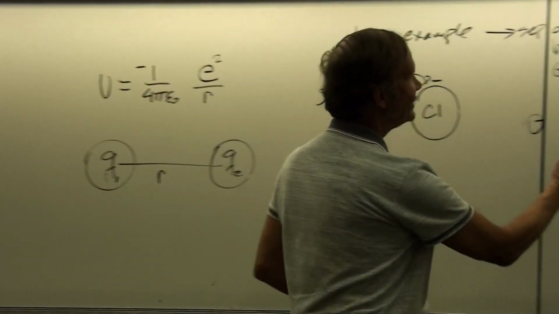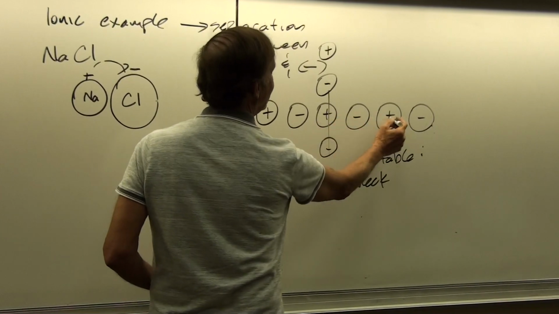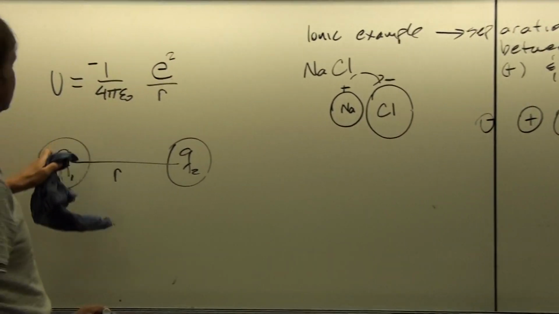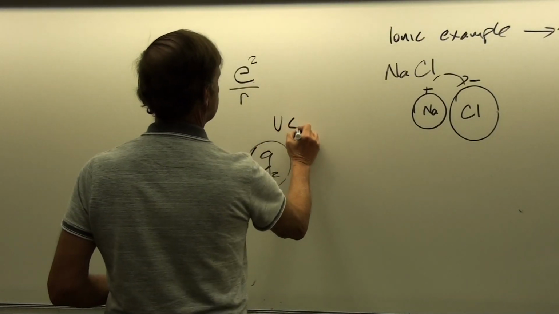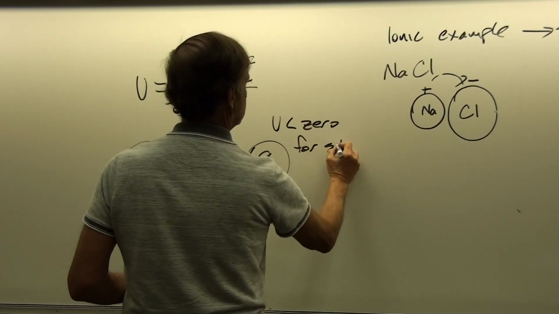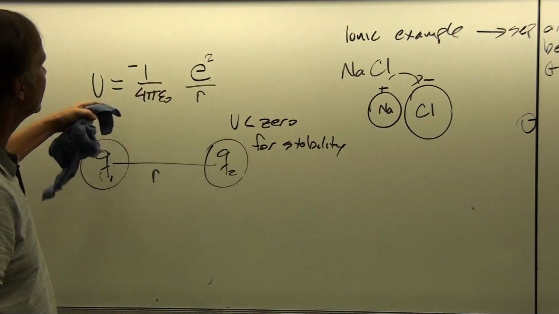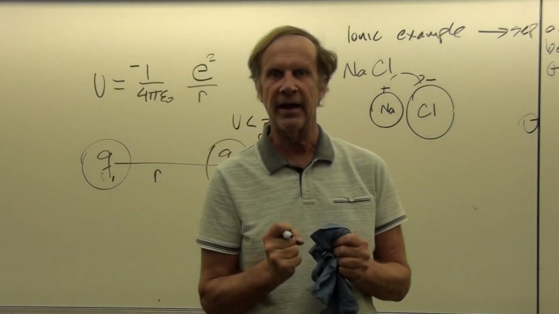But we have an infinite series of these, because this one and that one will be negative, but this one will be positive. And so for this thing to be stable, U has to be less than 0.